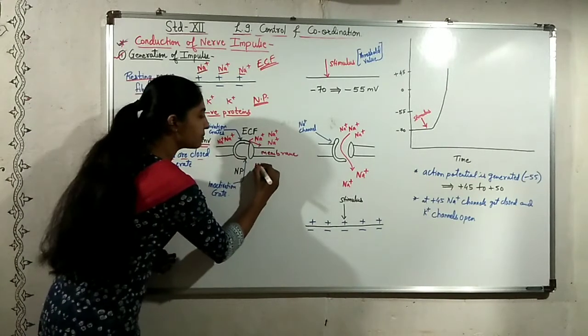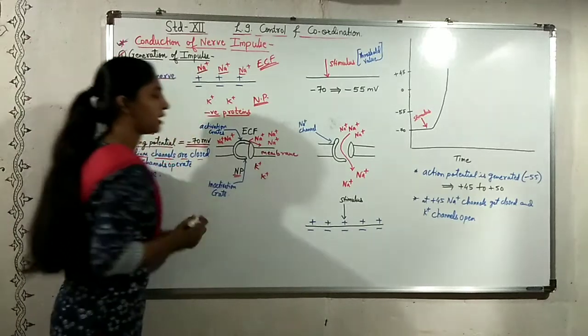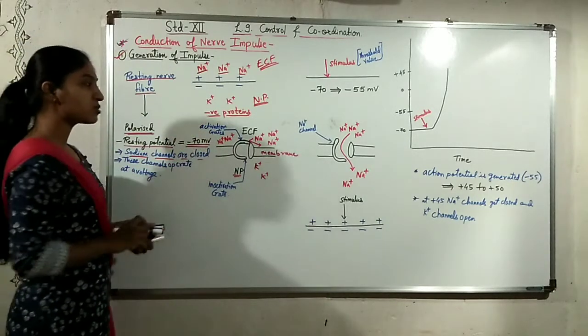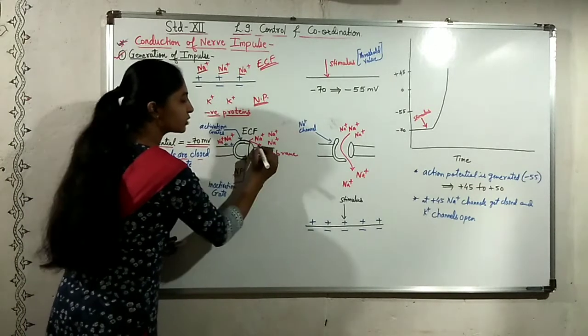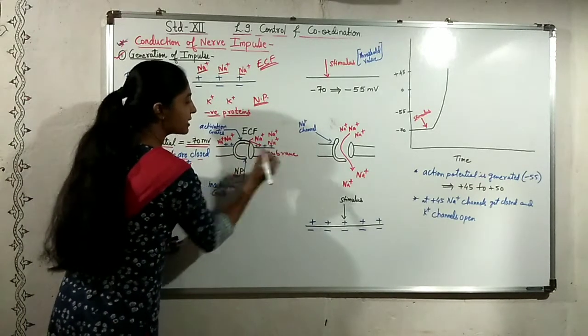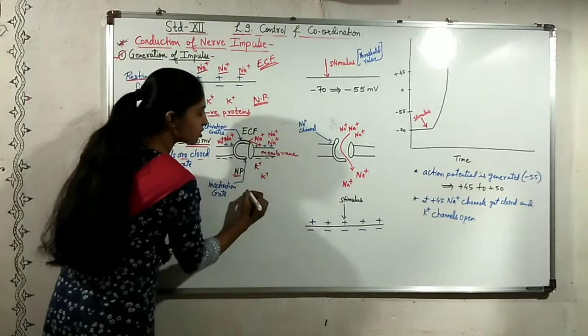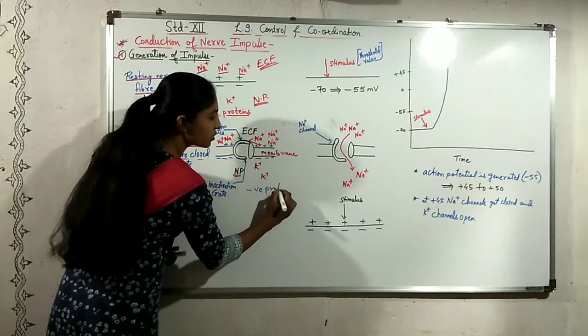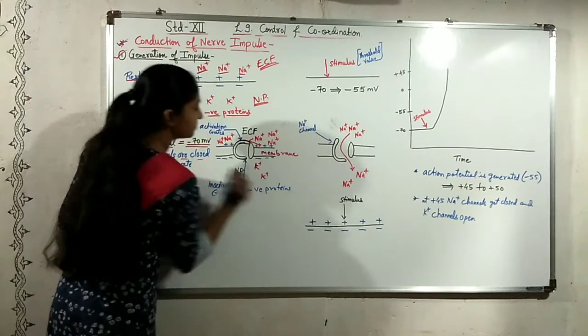Whereas inside the membrane, in the neuroplasm, there are potassium ions. Because of the sodium ions, the outer side of the membrane is electropositive, whereas the inner side is electronegative because of the negative proteins present in the neuroplasm.